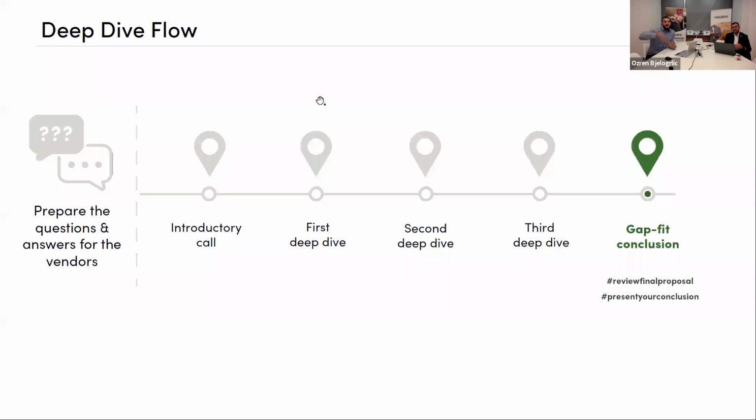So you should give comments to your vendors, and they will create a final proposal, which you will review at the gap fit conclusion. And you can, in the end, present your conclusion to the vendor based on a specific list of requirements.